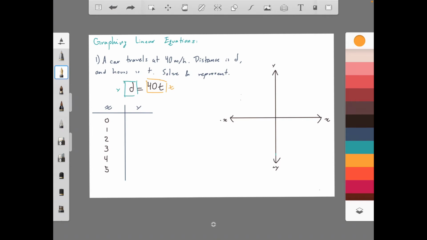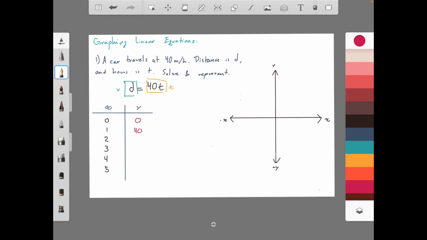For each one of these, y is equal to 40 times x, and we're going to do that with all of these. If you want you can do the process, but I'll go over them quickly. So 0, of course, will be 0, and 1 would be 40. It's just the table of 40, or the table of 4, so that's very simple.